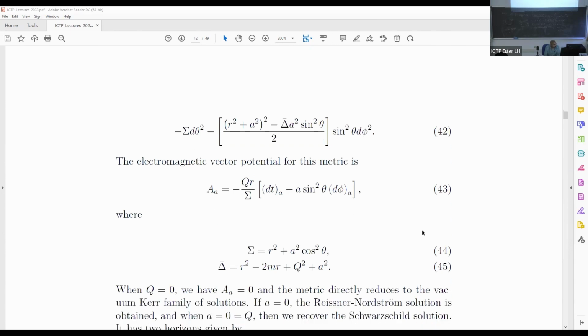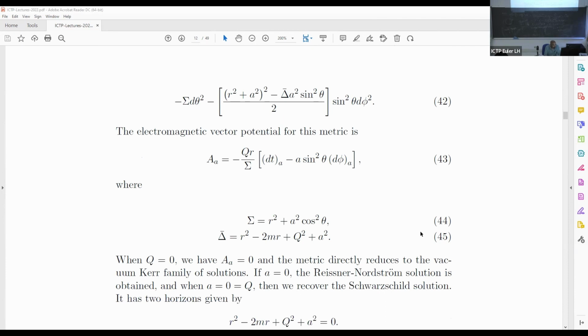So this is the charged Kerr solution: rotation plus charge Q. And obviously, if we put charge equal to 0 and rotation equal to 0, this should reduce to the Schwarzschild solution.